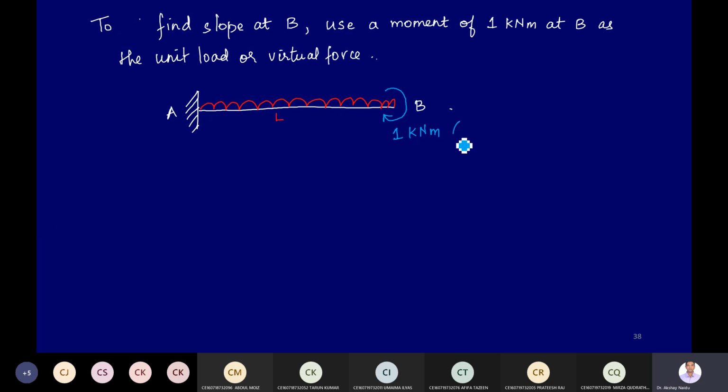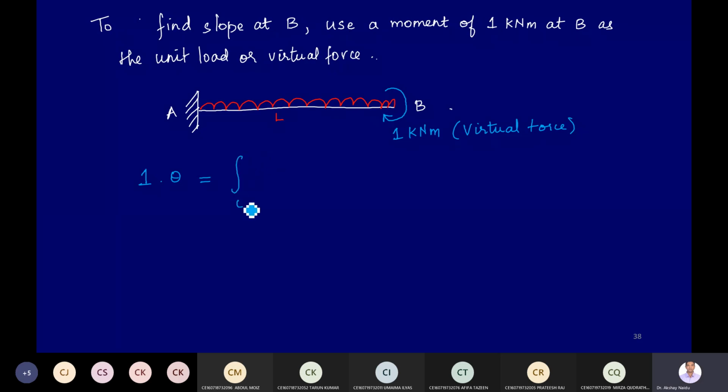So this is your virtual load, virtual force. Now I want to find theta. So I have to use 1 into theta. 1 is the moment, and moment into theta will be the energy, just like the work done is 1 into delta. This is what we need to find.